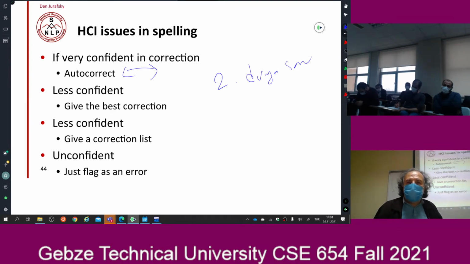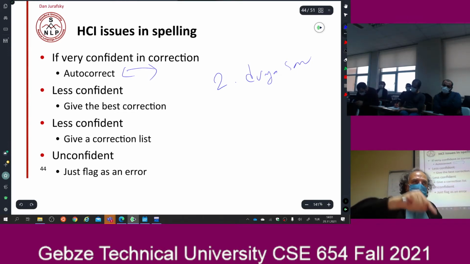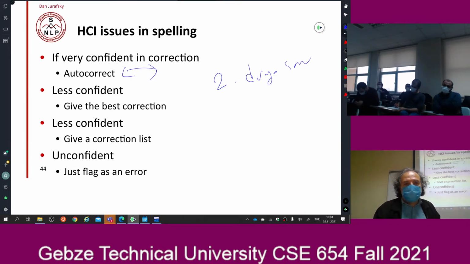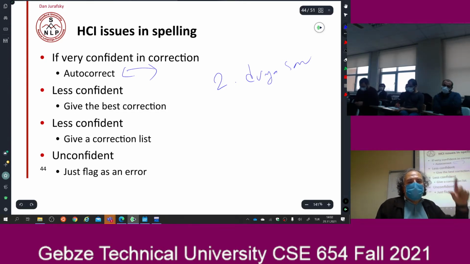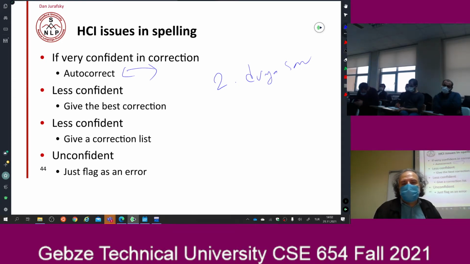In Turkish, we have many lowercase letters after the period, right? So they obviously don't know about it. If I am sure, I correct it. If I am less sure, I give a list of suggestions, okay? If I am less confident, I give a lot of words and let the user choose one of them.